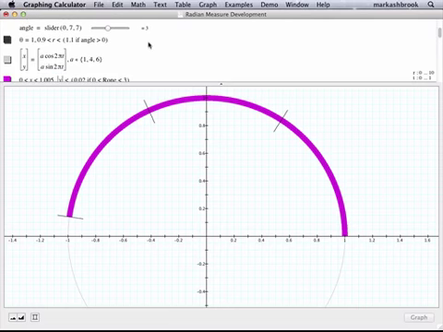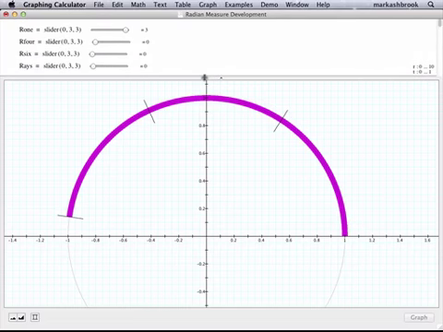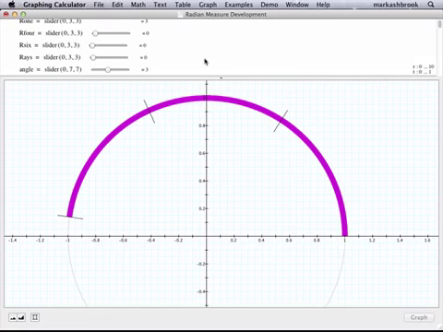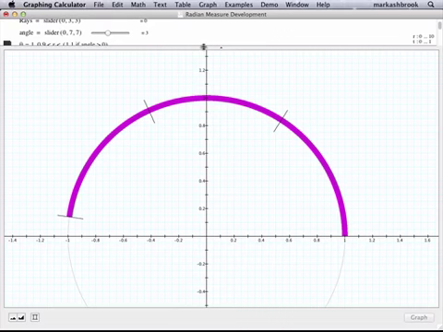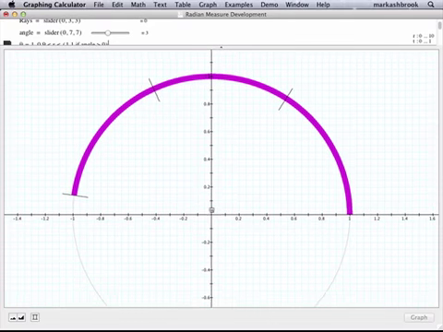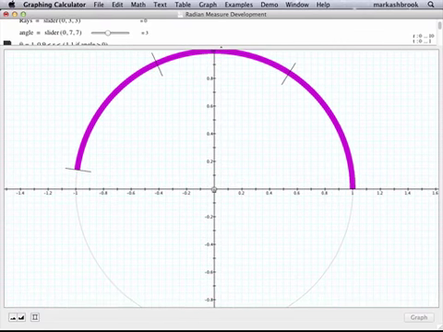Let's see here if I can make this fill up all the screen. Just a little too big.